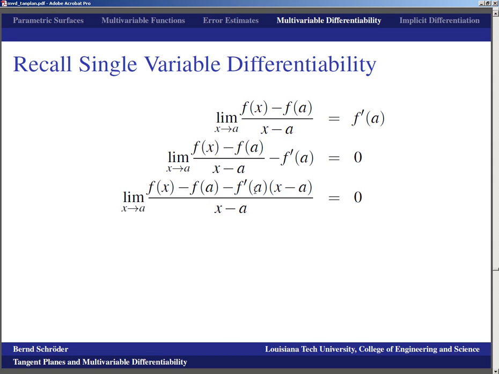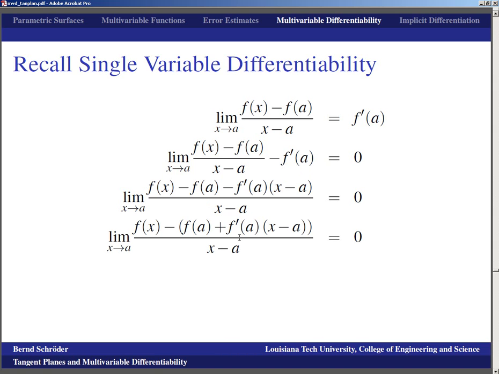But now I have output divided by input, and the right hand side, the limit is 0, so I can take out the negative sign, and I get f of x minus f of a plus f prime of a times x minus a, that limit is equal to 0. And now here we recognize something, because this is the equation of the tangent line.